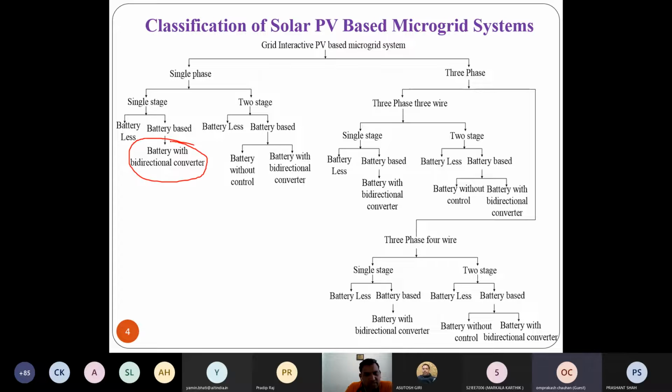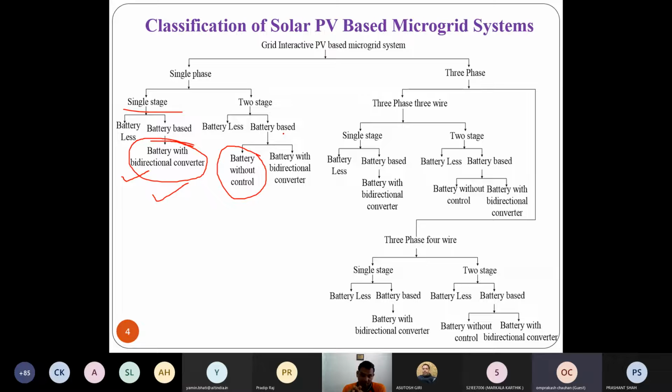Sorry, not without battery. Here you can see that the single stage battery-based system is categorized in only one part: battery with bidirectional converter. However, the battery-based two-stage system has been categorized into two parts: battery without control and battery with bidirectional converter.